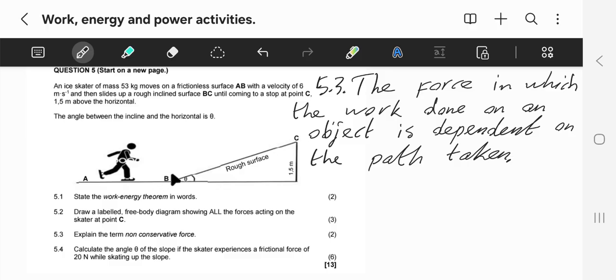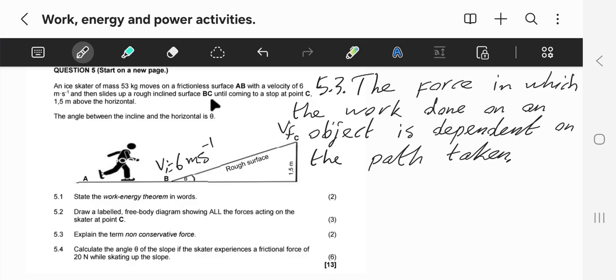So this means that the velocity which the skater was traveling with from A to B will now become the initial velocity when this skater moves up the incline. This 6 meters per second will become the initial velocity. And when they get to point C, what will be our velocity?